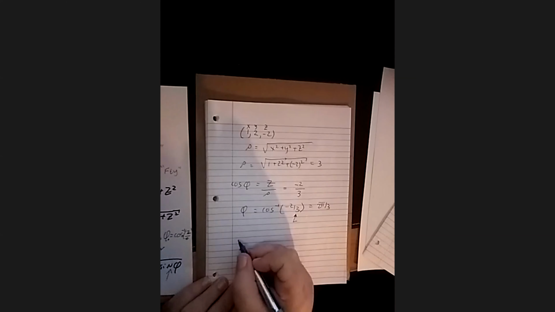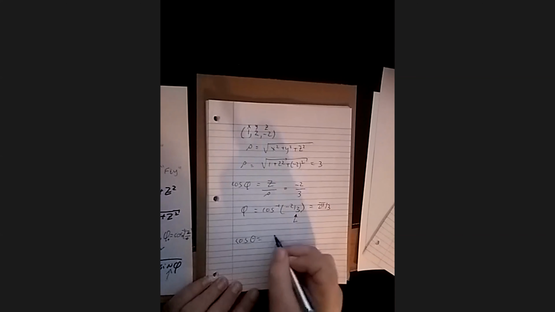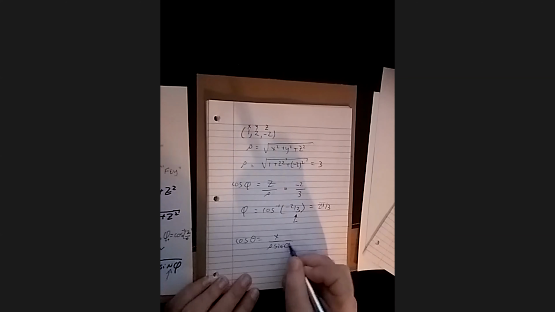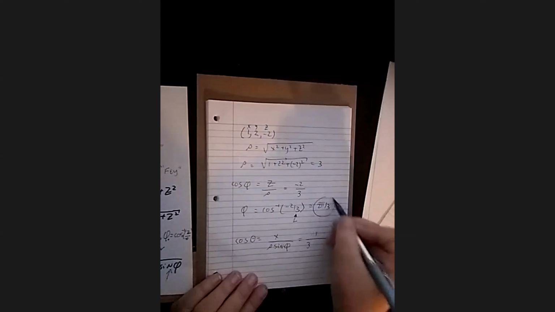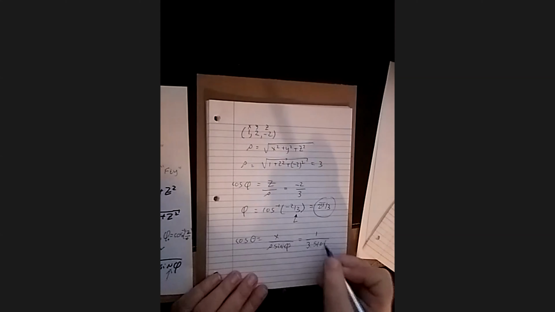Now, the last guy in the list is the relationship that the cosine of theta is the x-coordinate over rho times the sine of phi. Now, the x-coordinate is 1. The rho is 3. And since I know phi, it's going to be the sine of 2/3 pi.